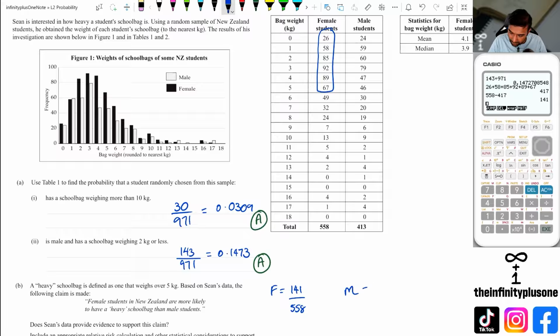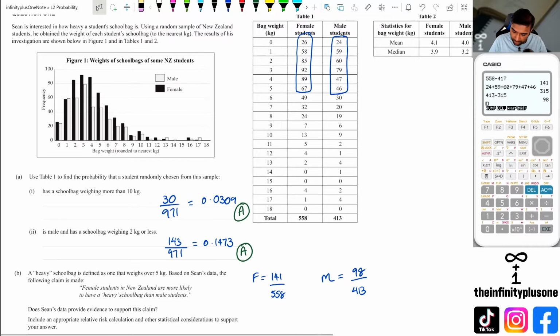Then I'm going to do the same for the males. Out of 413, I have to subtract the total of these numbers from 413. So I've got 24 plus 59 plus 60 plus 79, 47 and 46. That's giving me 315, and if I do 413 minus 315, that's going to give me 98. So at the moment I've got females as 141 over 558 and males as 98 over 413.